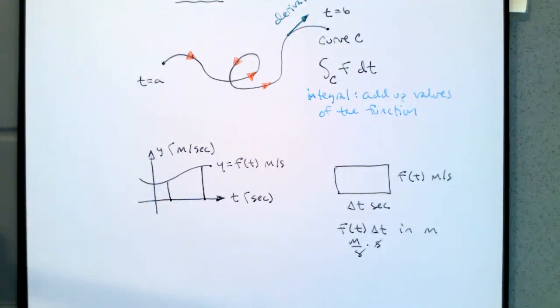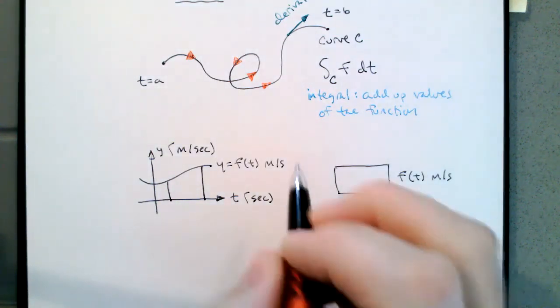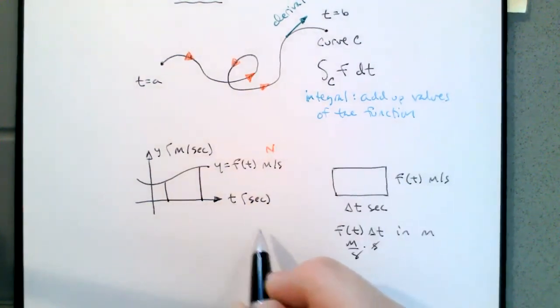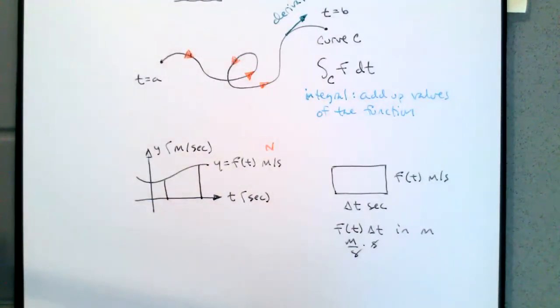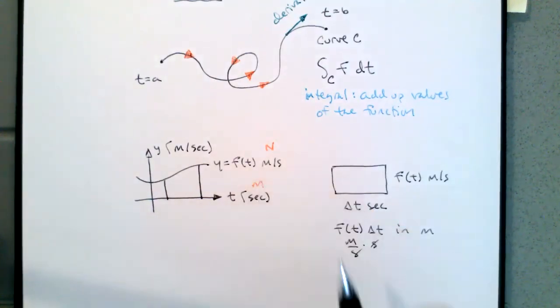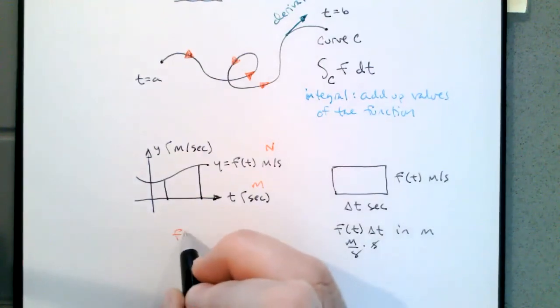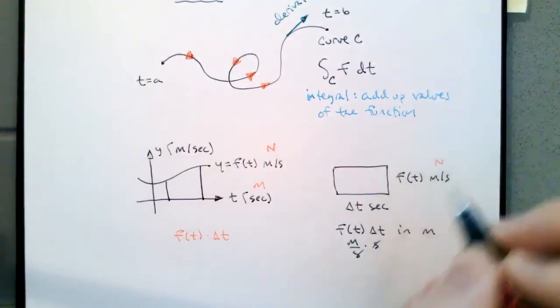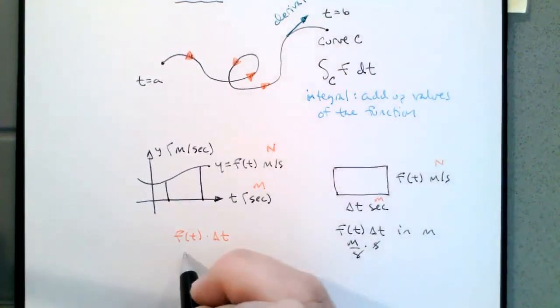If our function happens to represent force, and our t happens to not represent seconds, but distance, then when we do f of t times delta t, we have newtons times meters.